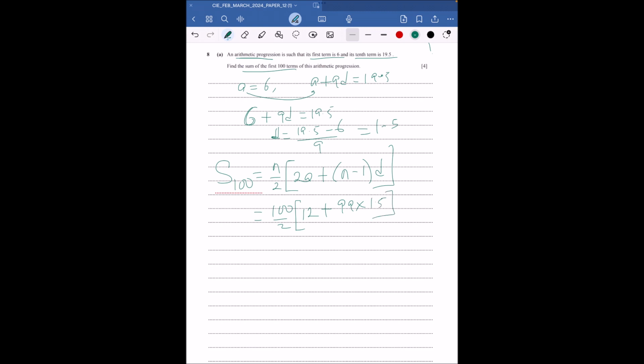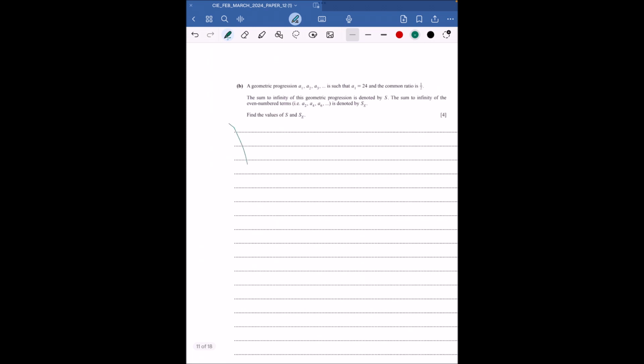Just use our calculator: 99 times 1.5 plus 12, times 50. So the sum of the first 100 terms is 8025. So that's my answer. That's very direct.